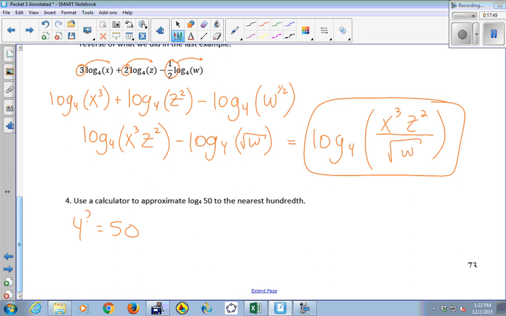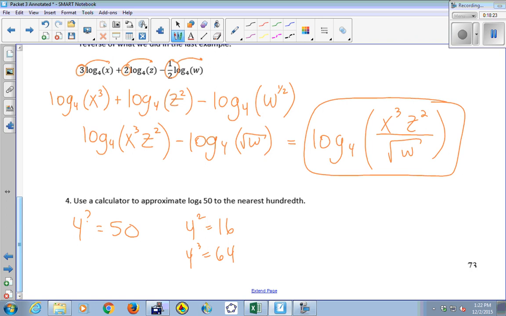But there isn't an integer answer, right? 4 squared is 16. 4 cubed is 64. I jumped right over 50, right? So 4 to what power gives you 50? It's got to be somewhere between 2 and 3.